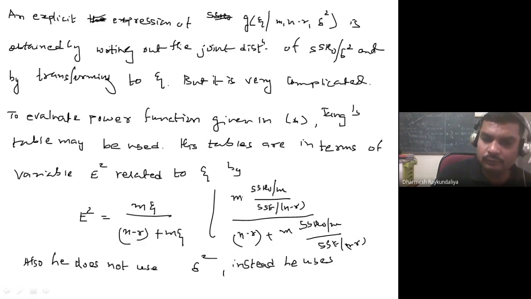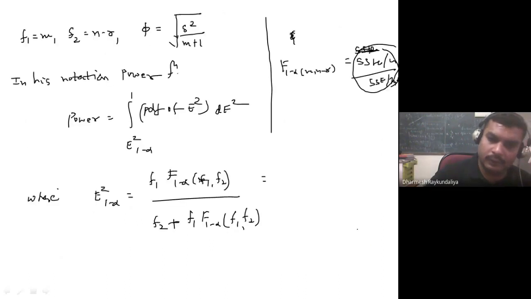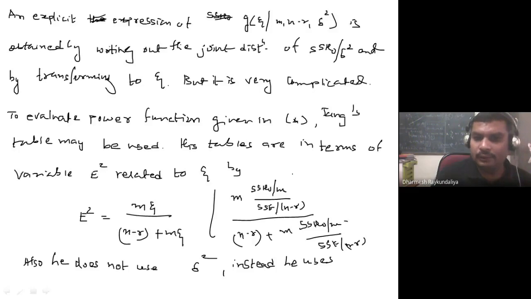So in this way, they say this xi has an F 1 minus alpha distribution. M they call f1, n minus r they call f2, and this is F 1 minus alpha. That is how they have written this. Why? Because if you divide by sigma square on both sides, there is no issue.